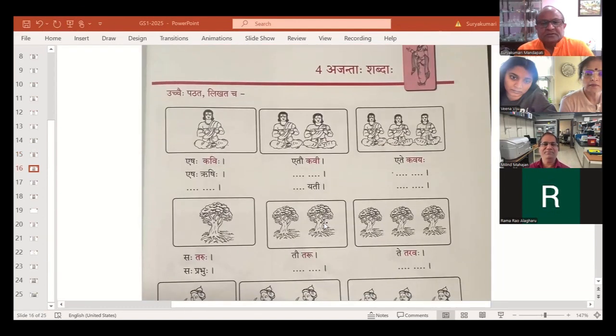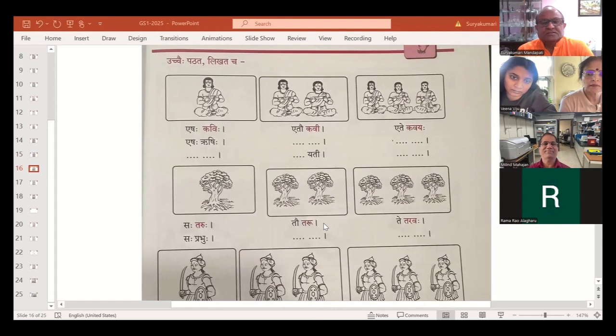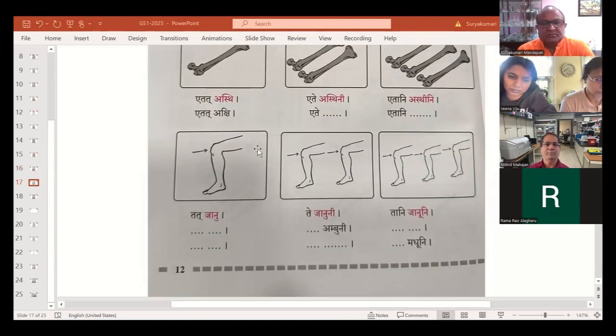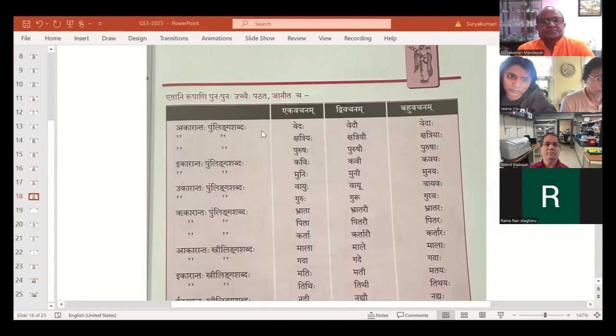Go to the next lesson. We are going to learn this in the next class. Kavihi, kavi, kavayaha. Kavihi is the ekavachanam rupam. The pratipadikam is kavi, ikarantaha, punlinga shabdaha. There is a table here. We'll just go over the table.